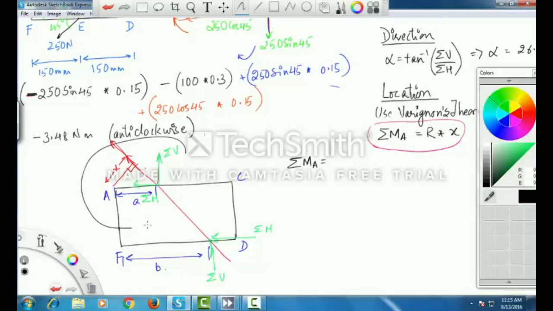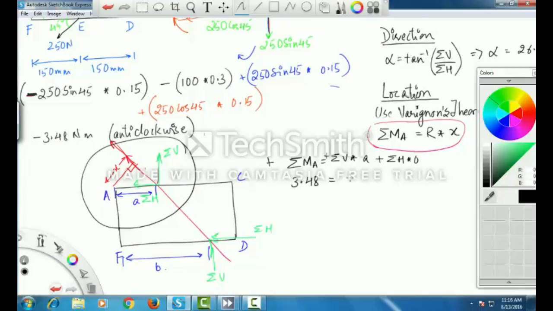So the moment about A: if you consider this portion, sigma V multiplied by A, and sigma H multiplied by 0. Sigma MA is already anti-clockwise, and this is also anti-clockwise, so it will basically become positive. Just take the magnitude of the values.